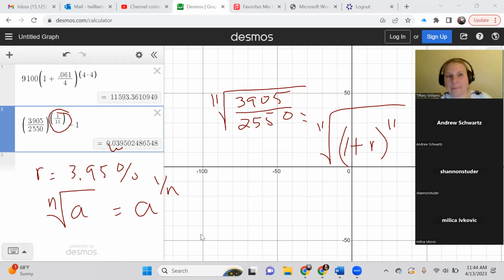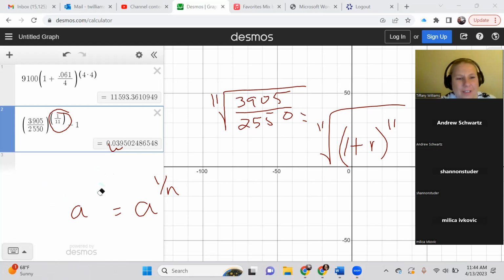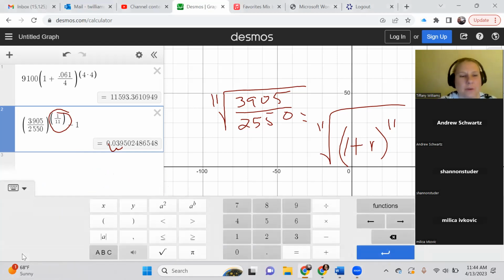Now, why did I do that? Because I don't know how to punch in an 11th root on Desmos. If I knew how to punch in an 11th root on Desmos, I wouldn't have to worry about it. All right, let's see if I can do an 11th root on Desmos. It can't be hard. So an 11th root on Desmos. That's a square.